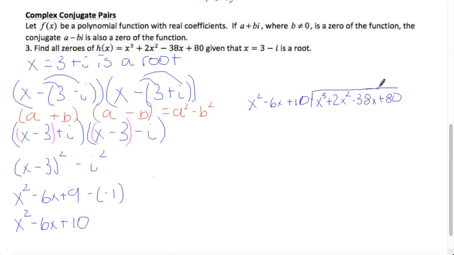So x squared times x would give me x cubed minus 6x squared plus 10x.